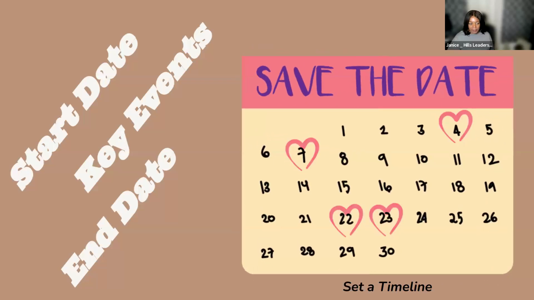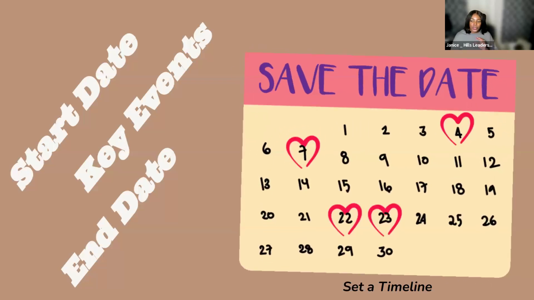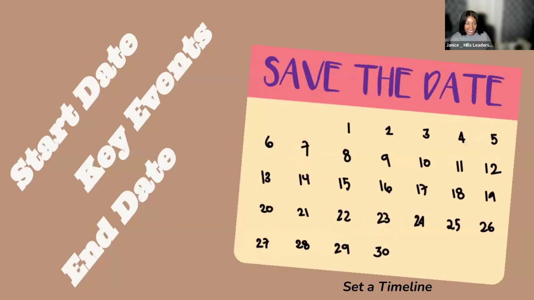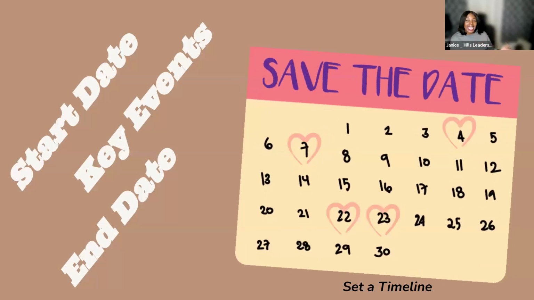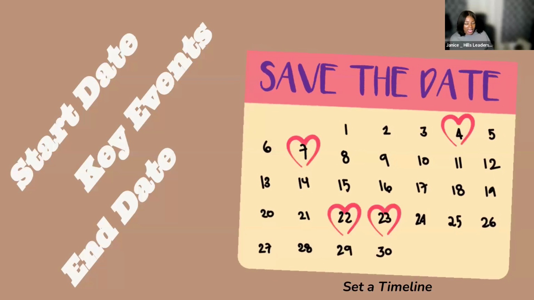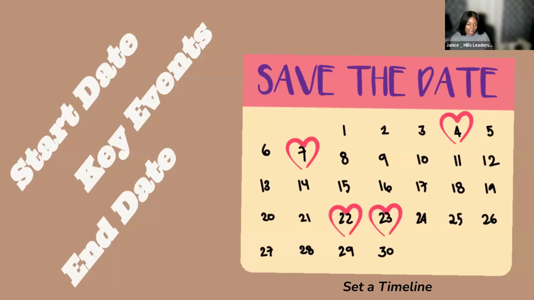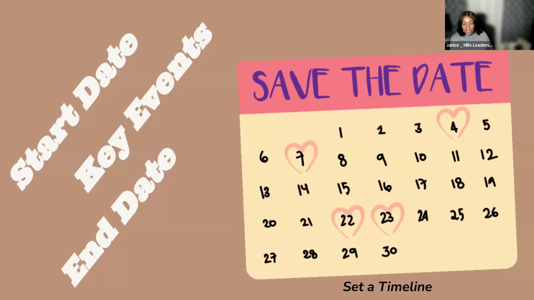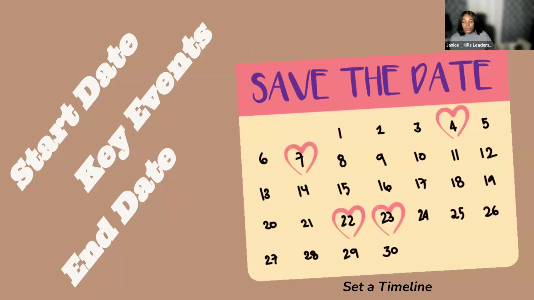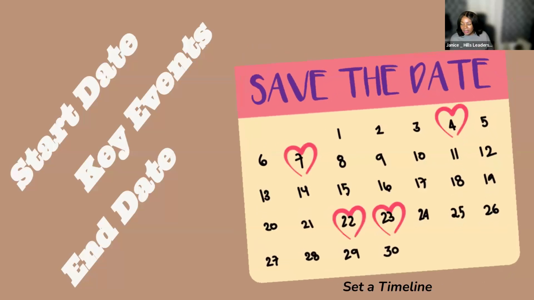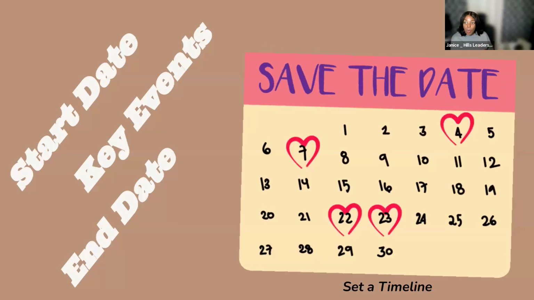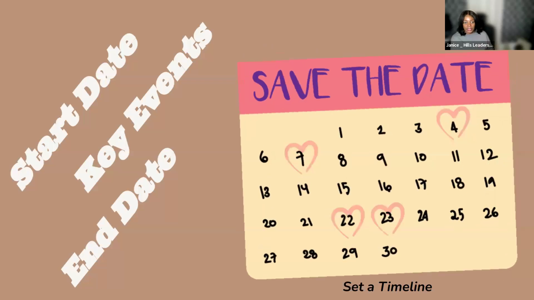So how do you choose your date? So you want to consider your audience behavior. All right. And again, this goes back to us looking at our data. So you want to analyze any kind of past campaigns that you may have had before. And you want to think about what day of the week is going to work best, what hour of the day is going to work best, right?